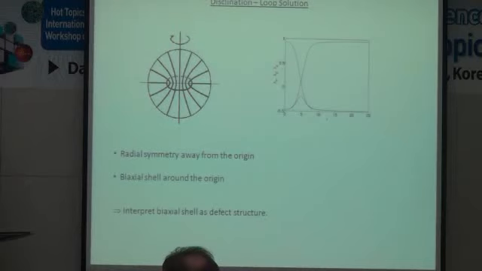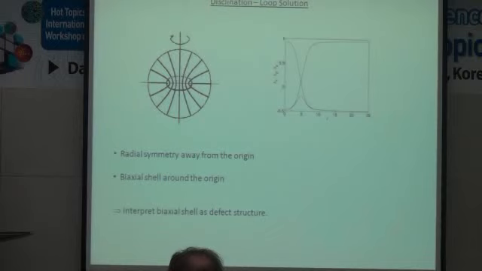It's perfectly uniaxial at the center, but in the middle you have a band of three distinct eigenvalues. So you have a biaxial shell, an intermediate biaxial band around the droplet center.